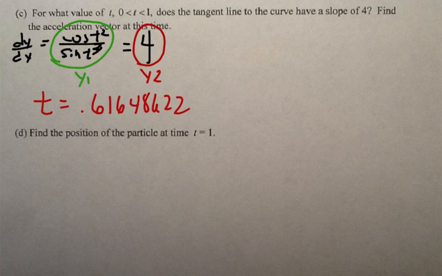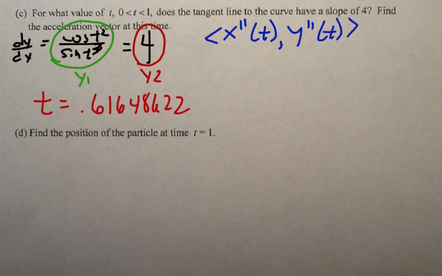rounding here. So the acceleration vector is x double prime of t, y double prime of t, and so we're going to take the derivative of the derivative equation that we were given initially in the problem, which means we're going to have to use our chain rule.